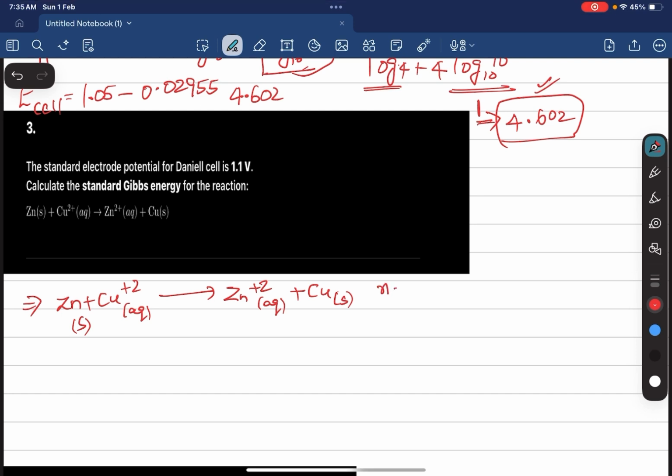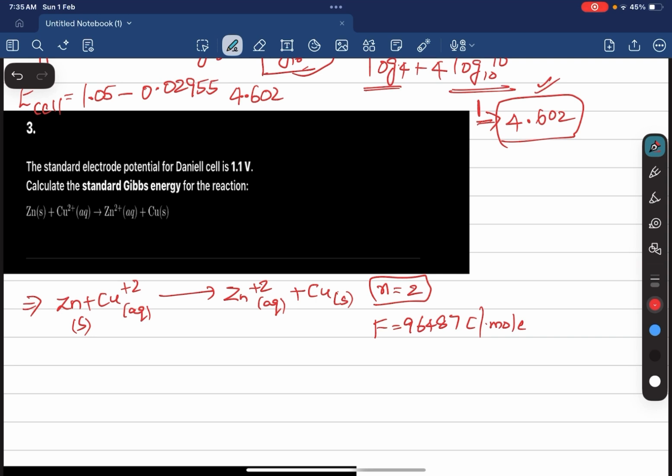The n value you can easily identify, because in any one oxidation or reduction equation you observe, the change is 2. F we can take as 96,487, but for problems we can take 96,500 coulombs per mole.